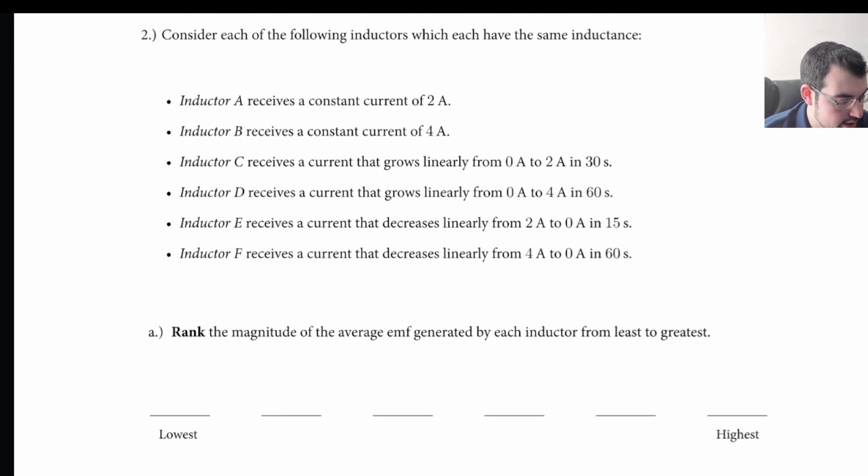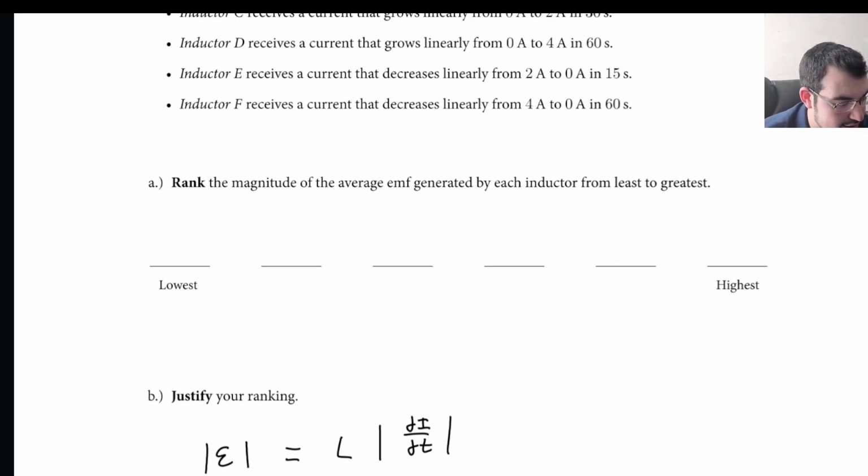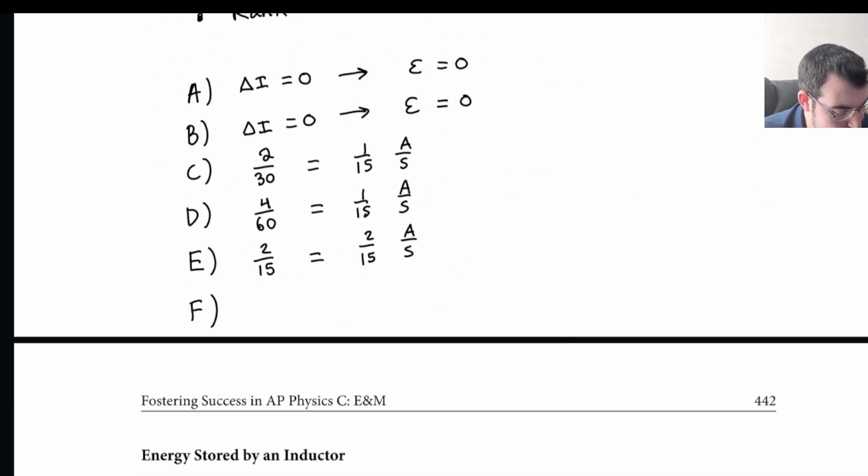And then E decreases from 2 to 0 in 15 seconds. Doesn't matter if it's an increase or decrease. So you actually change at 2/15 of an amp per second. And then inductor F shrinks from 4 to 0 in 60. So it's 4 over 60.